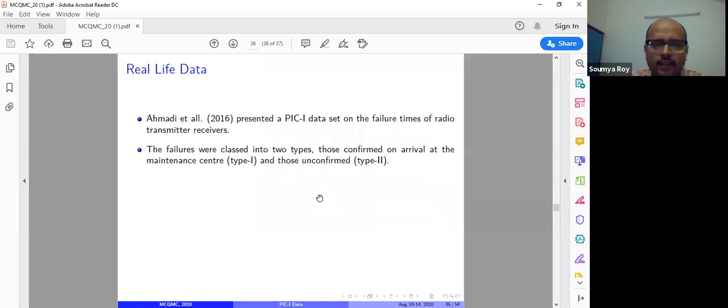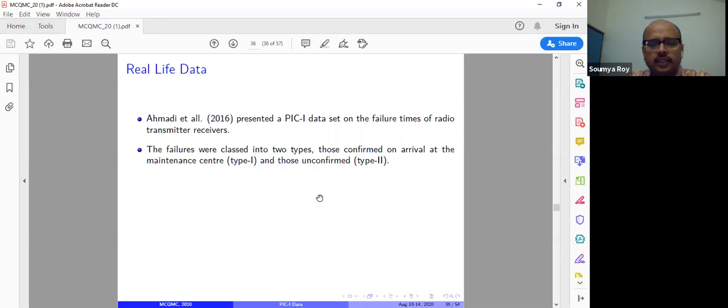So, coming to the data analysis, Ahmadi presented a PIC1 data set on the failure times of radio transmitter receivers. In that example, there are two types of failures. The first is the failure which is confirmed on arrival at the maintenance system center, which is type 1, and the second type is the unconfirmed failures.